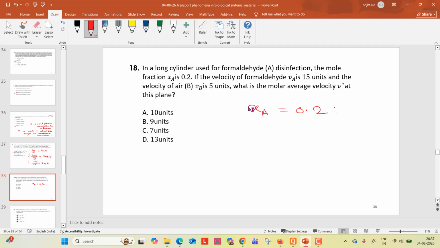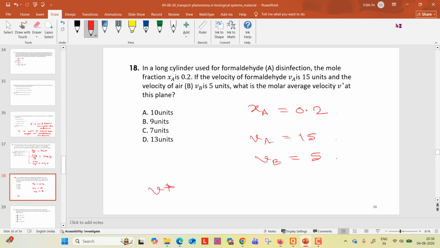If the velocity of formaldehyde VA is 15 units, and the velocity of air, which is option B, VB is 5 units, what is the molar average velocity V star at this plane?